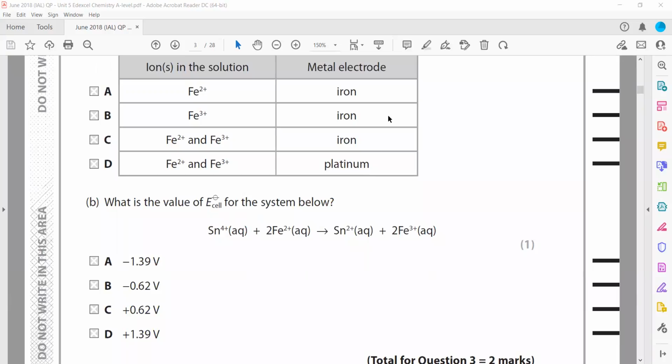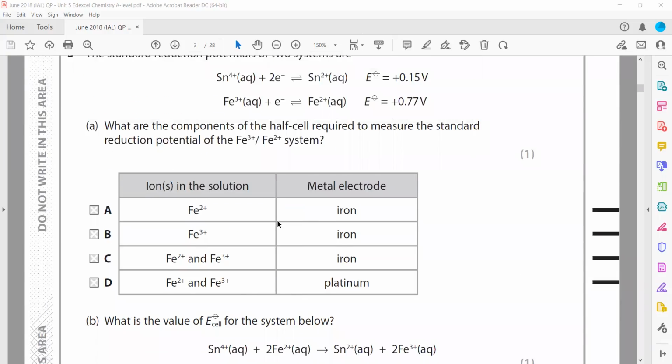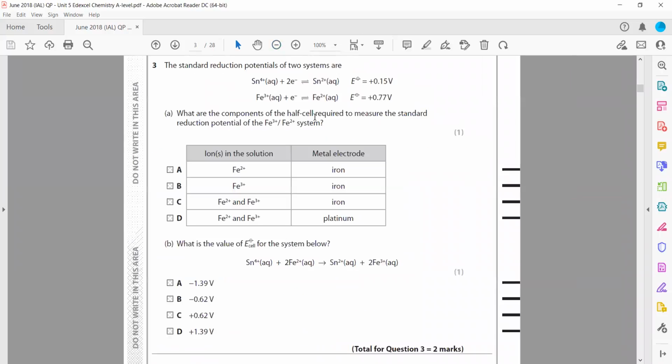Then, what is the electrode potential of a cell for the system below? So tin 4 is converting into tin 2 and iron 2 is converting into iron 3. And these numbers like 2, 3, 4 do not make a difference to the value of electrode potential. So there are two ways to solve this question. If you need the electrode potential of a cell, it is reduction minus oxidation.